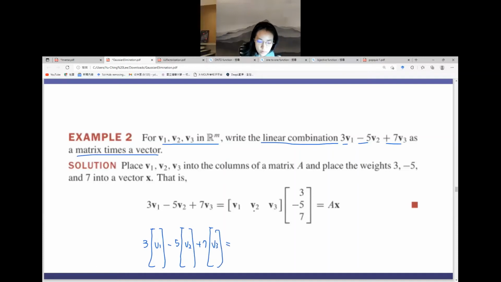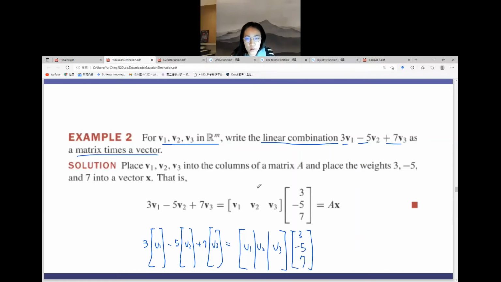Here we do things in reverse: we are given a linear combination, and we write it as a matrix representation. To do so, we collect V1, V2, and V3 into a matrix, and multiply by the scalars 3, -5, and 7. And that's how we do this.